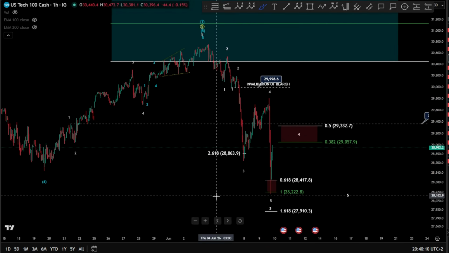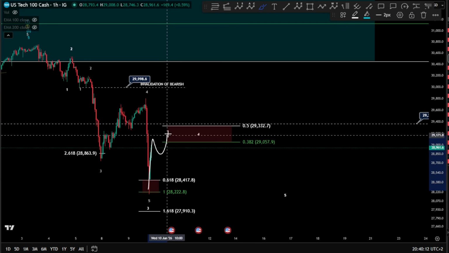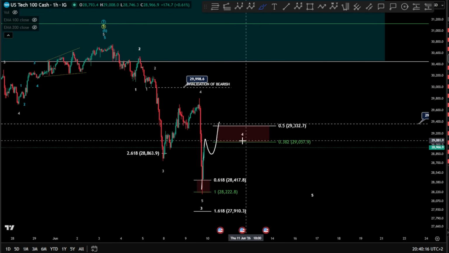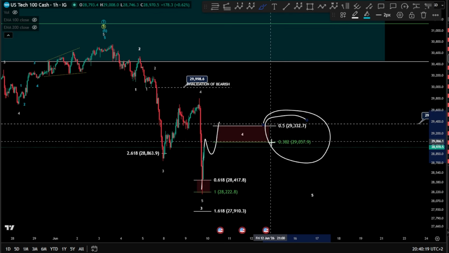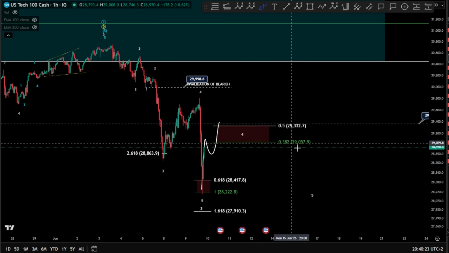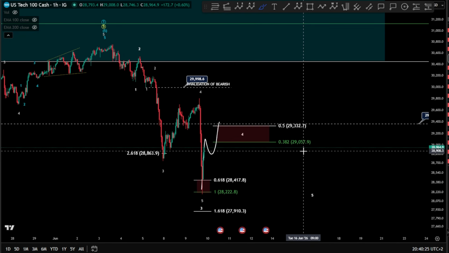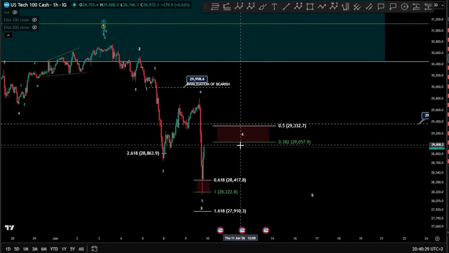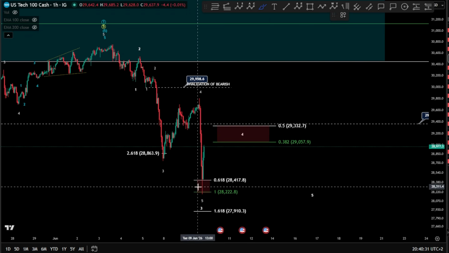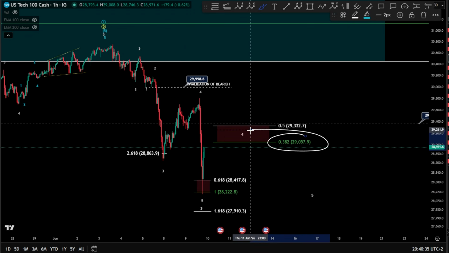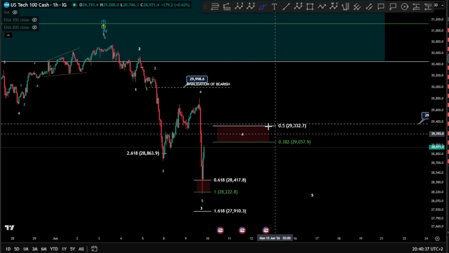This wave 4 might come back to the same area of the previous wave 4, and that means I'm expecting at least here the 0.5 Fibonacci level, 29K 332, which is very likely because we already have a wave A there, which is only one impulse and already took almost the 0.38 Fibonacci level.